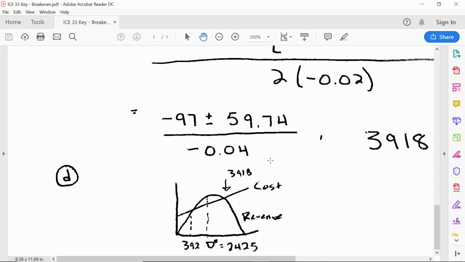We have the revenue curve, and the cost curve that starts with the fixed cost over at the intercept with the vertical axis, and then it's a linear increase because the variable cost per unit is causing it to go up. And so then the range of profitable demand is from 392 until 3918. And so that's these crossover points between the cost curve and the revenue curve.